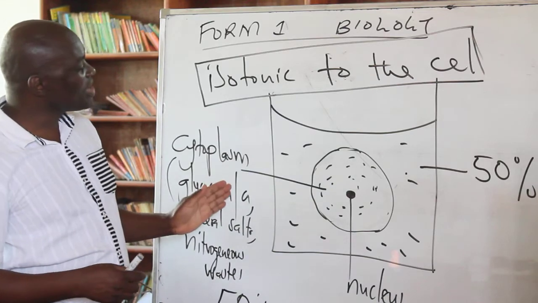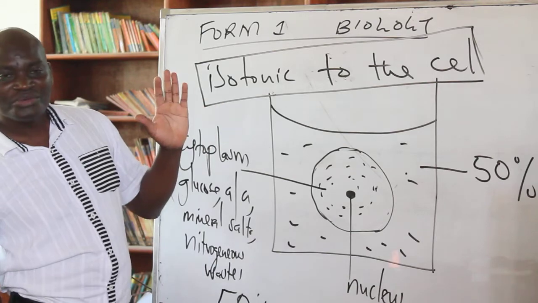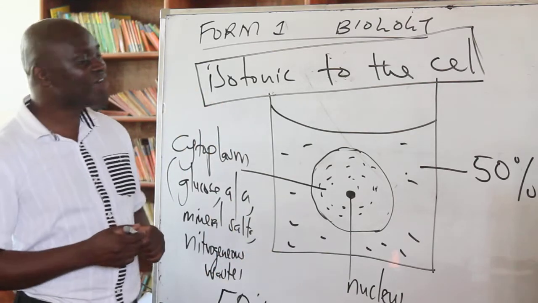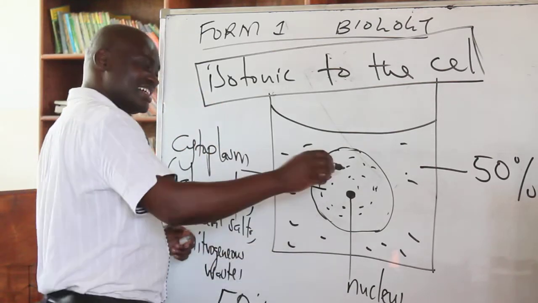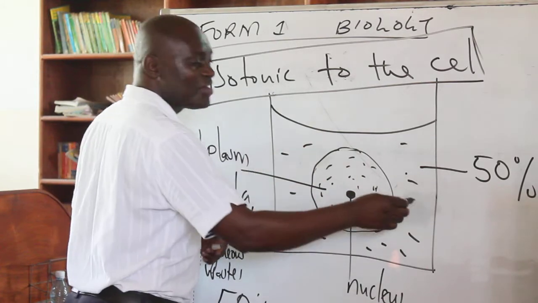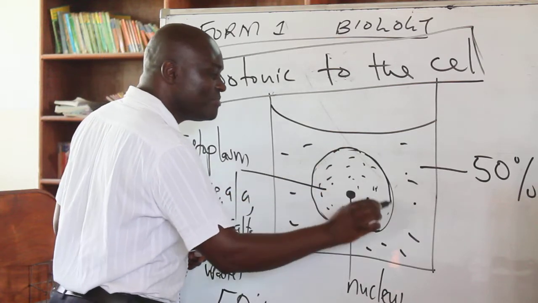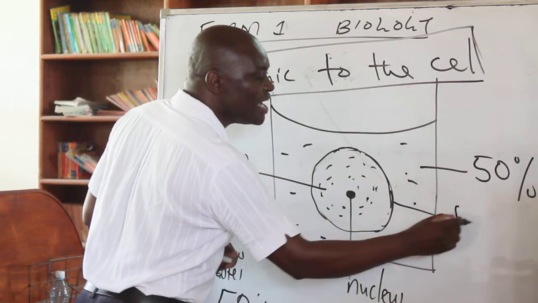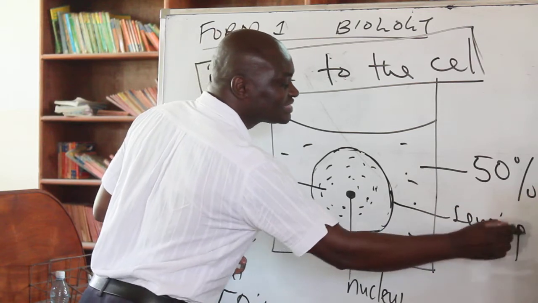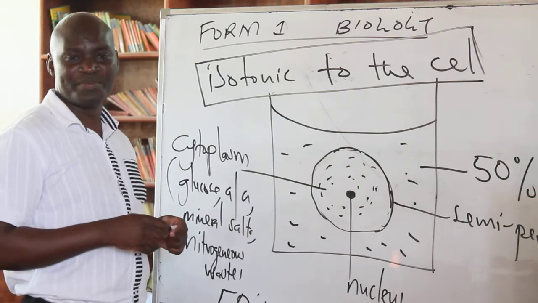But here is a case where we have the same concentrations. We don't have high, we don't have low. So we have two solutions: the solution inside the cytoplasm and the solution outside the cell. They are separated by a semi-permeable membrane, which is the plasma membrane.